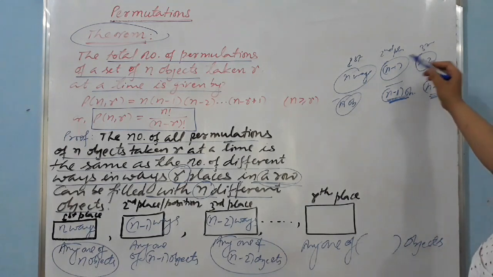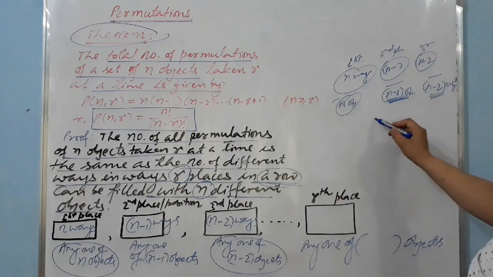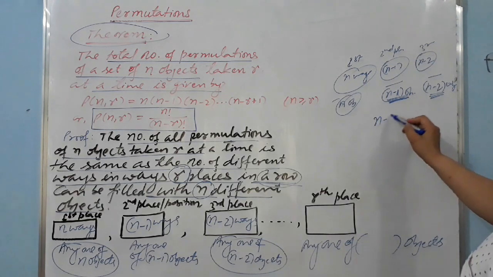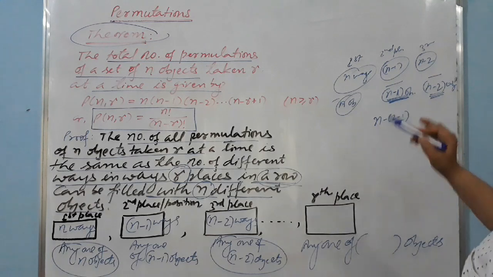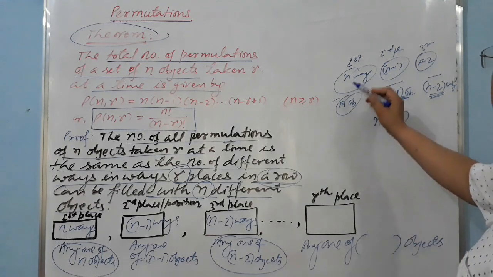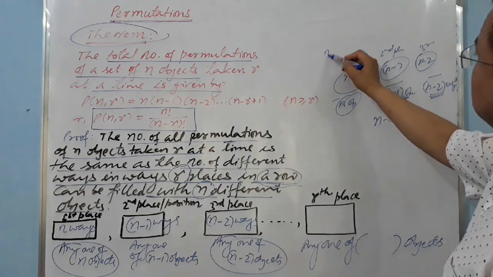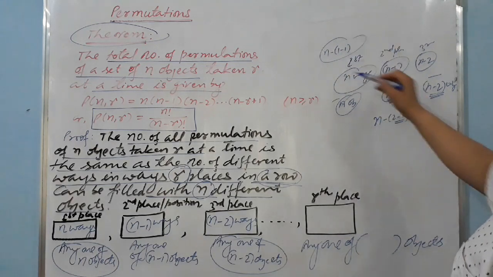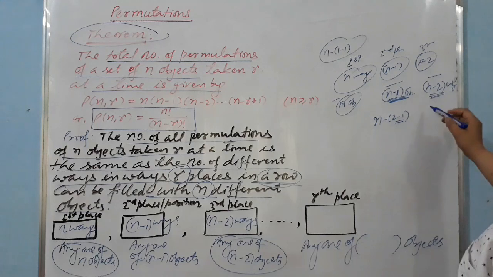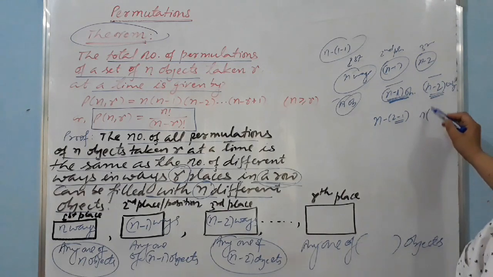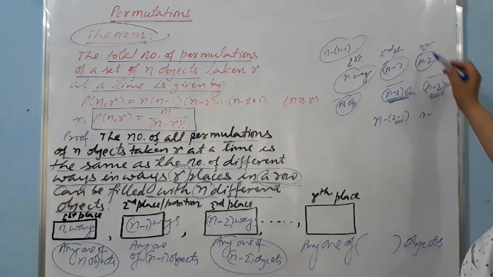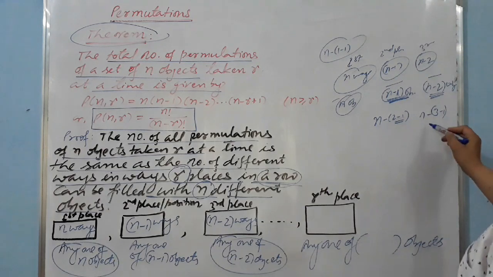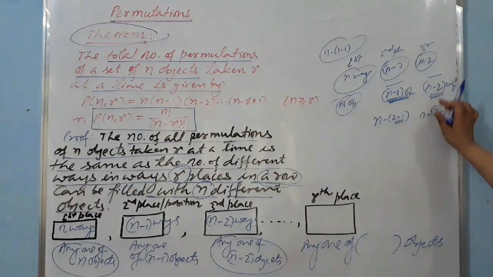See here, second place is one less, and third place is two less, so n-2 means 3 minus 1, one less. Matching.